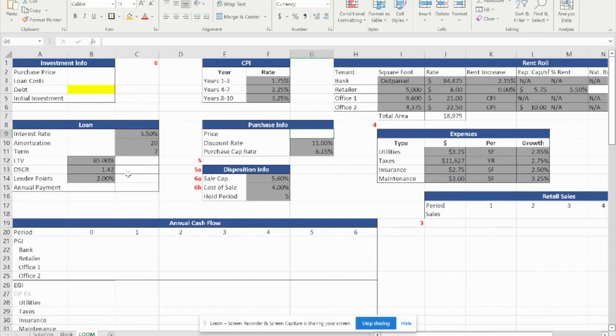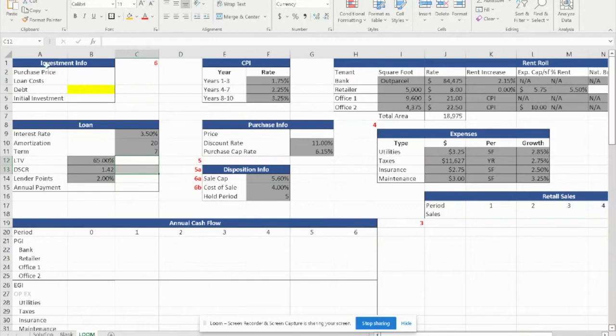This is going to be a tricky and interesting one because in this exercise, the bank will give you the maximum loan, or the minimum of these 2 loans. So whichever one is the lowest will be the one you're going to be using as the debt. That's going to be the maximum debt you'll get, but you'll use the equal MIN function to pick one of these 2 potential loans to calculate your annual payments.